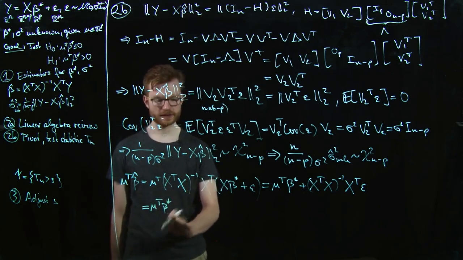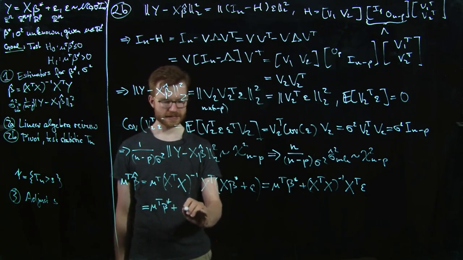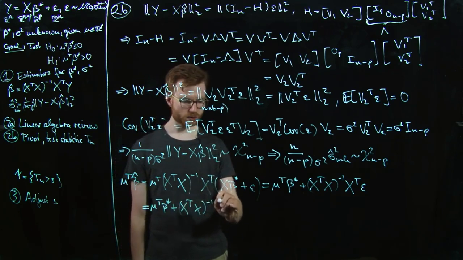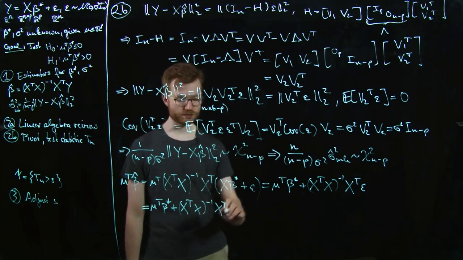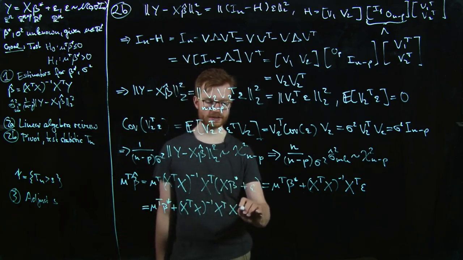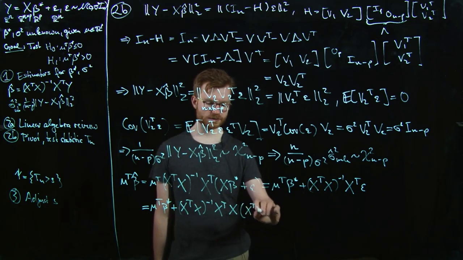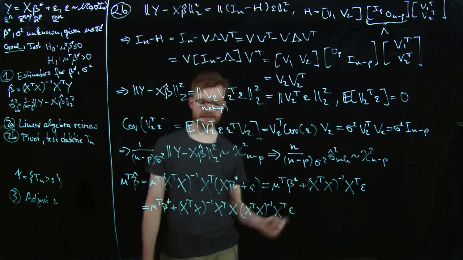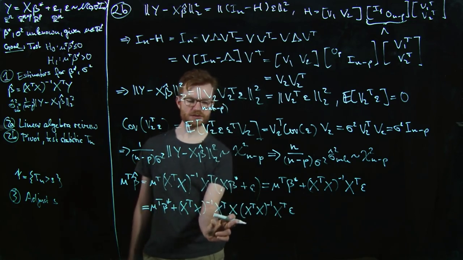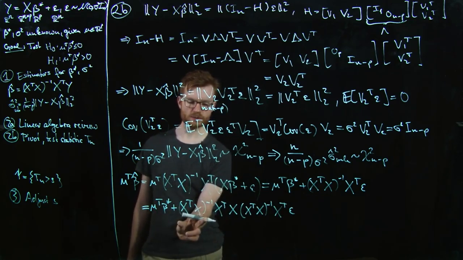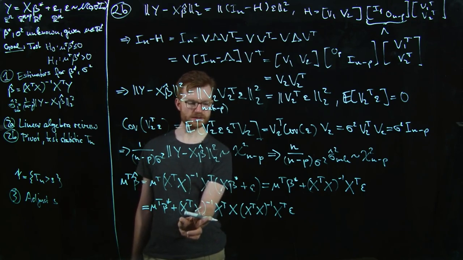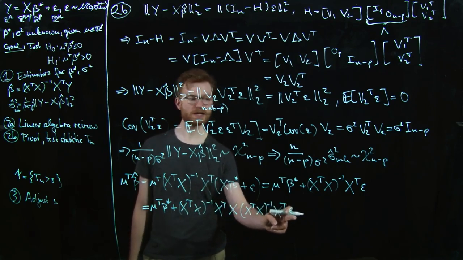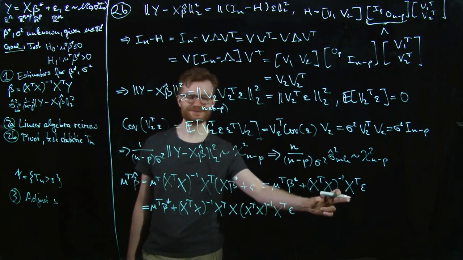Oh, not an equal sign, a plus sign. We can write exactly the same thing, but squeeze in an additional H matrix. So we want to squeeze in X (X transpose X) inverse X transpose epsilon. Why is that true? Because X transpose X cancels out with one of those inverses, this one, for example. And what we end up with is (X transpose X) inverse X transpose epsilon, which is the same as here.